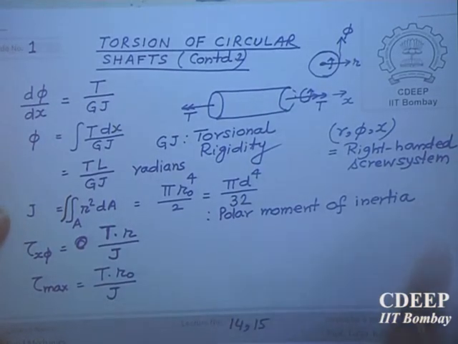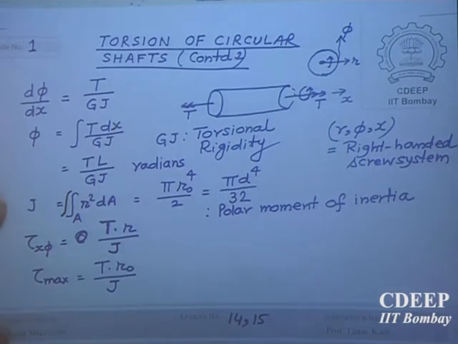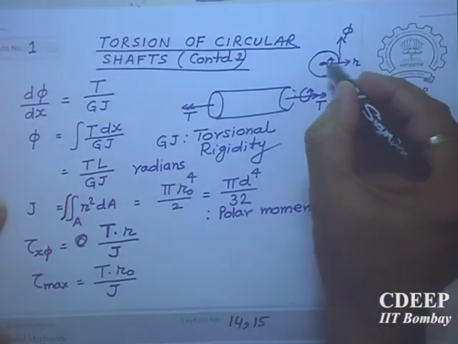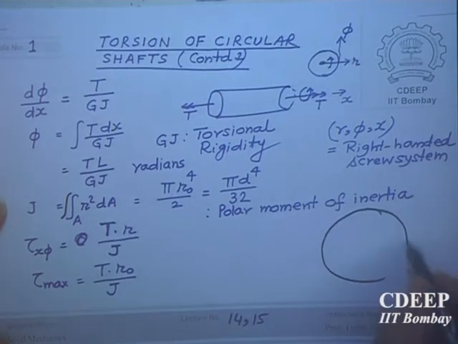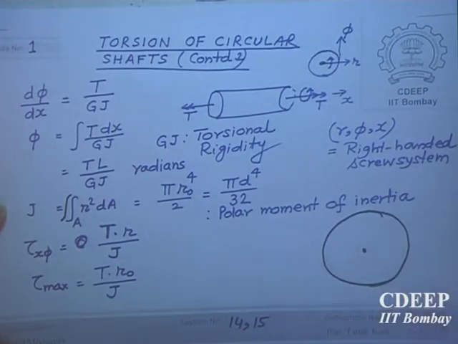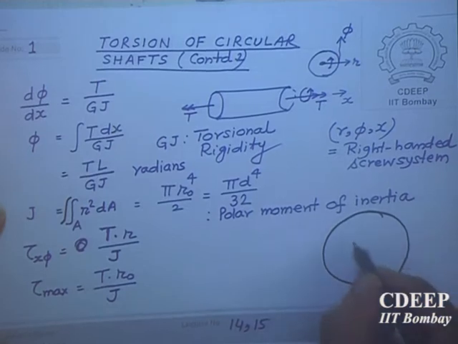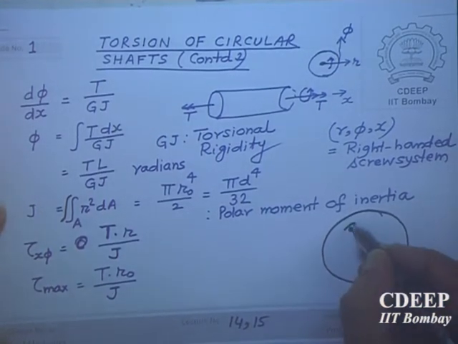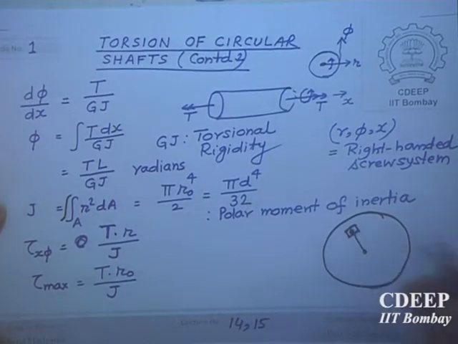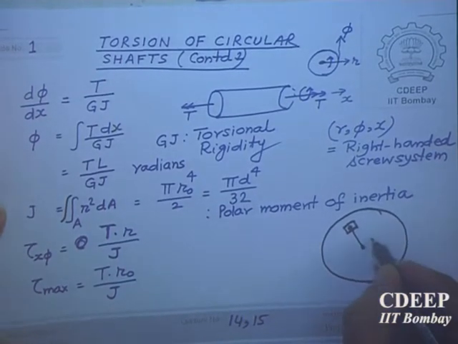So this is called polar. Then the shear stress at a distance, see, if this is the circle, this is the center, now torque is applied, so at a distance r, supposing at this point, on a small element, what is the shear stress because of T?